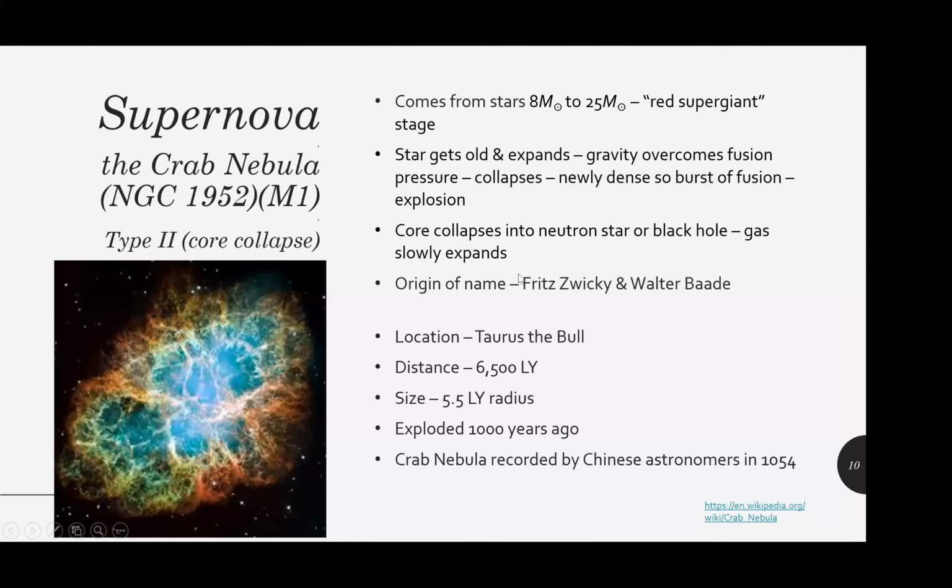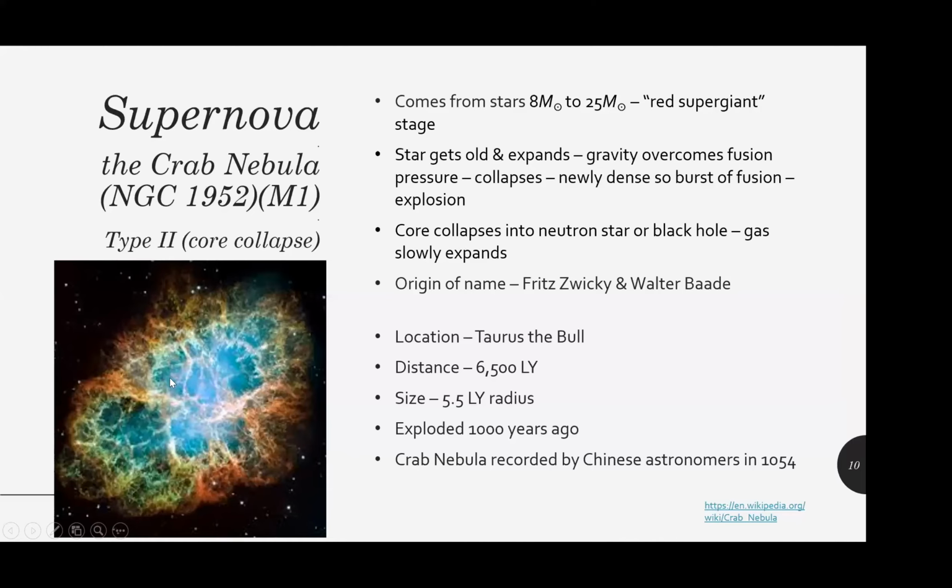So supernova, the term was coined by Fritz Zwicky and his colleague in the 1800s. I forget exactly when. Anyway, so the Crab Nebula specifically, like we said, was located in Taurus the Bull, the constellation. The Crab Nebula is 6,500 light years away, and about 11 light years across.